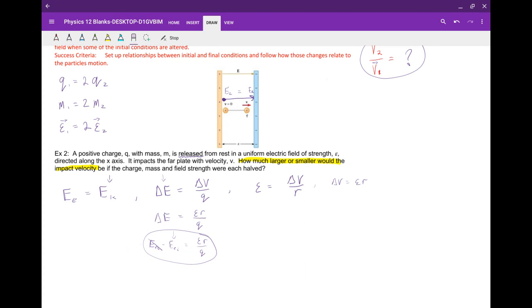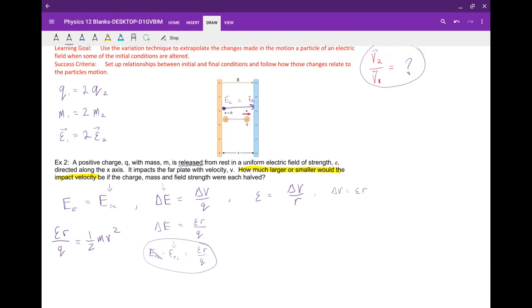And basically, I end up having field strength R over Q should equal 1/2 mv squared. Okay? Now, I'm going to solve for V in this. I'm going to multiply it by 2, divide by m, and root it.